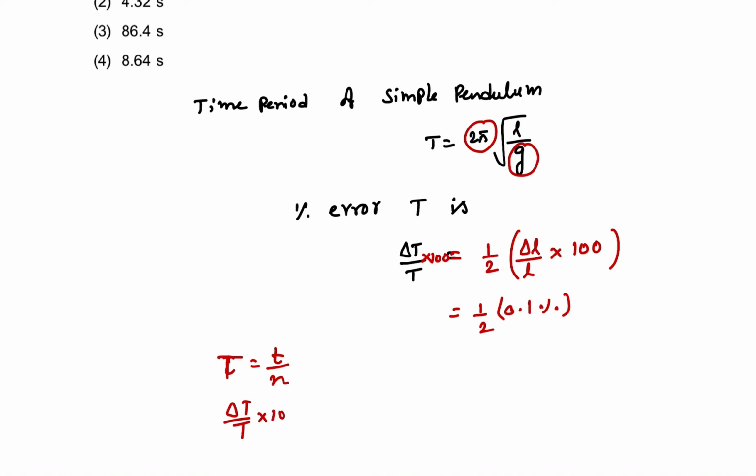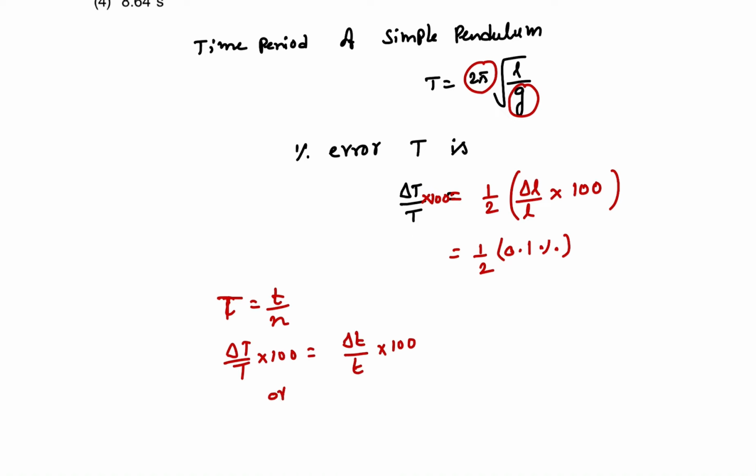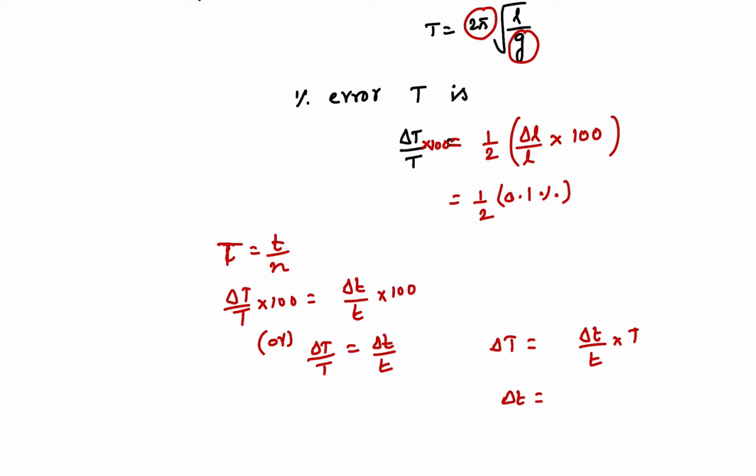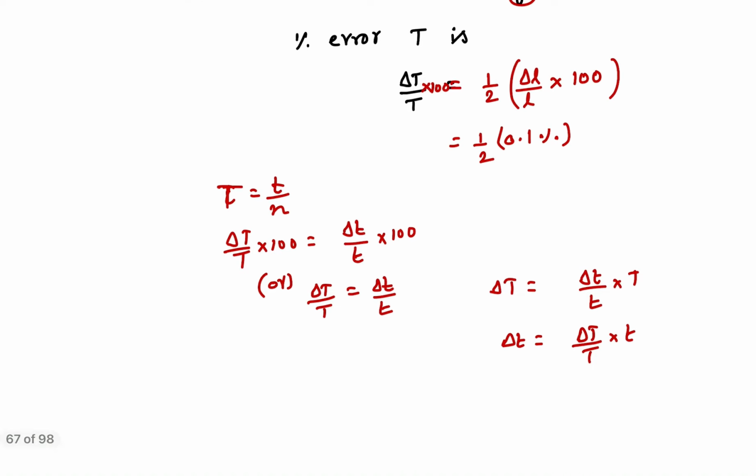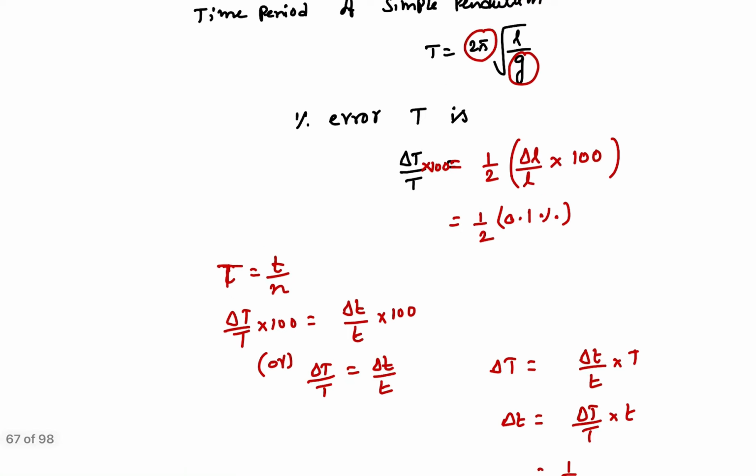You can see that time period T is equal to t divided by n. Delta T by T into 100 is equal to, or if I write delta T divided by T is equal to how much, you can also write delta T is equal to delta T by T into small t.